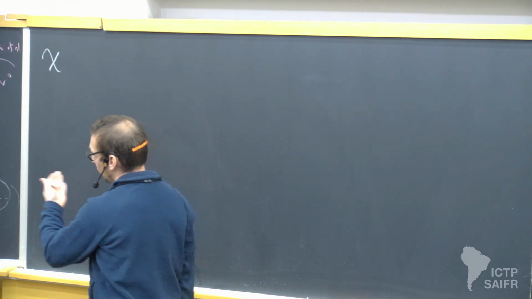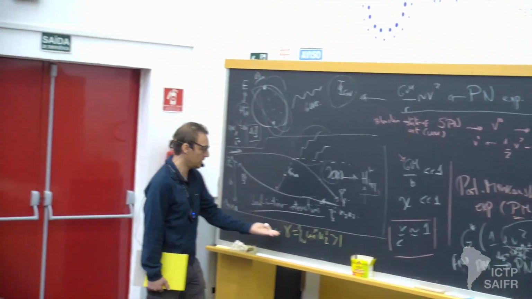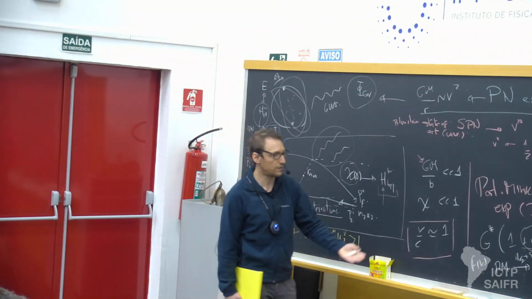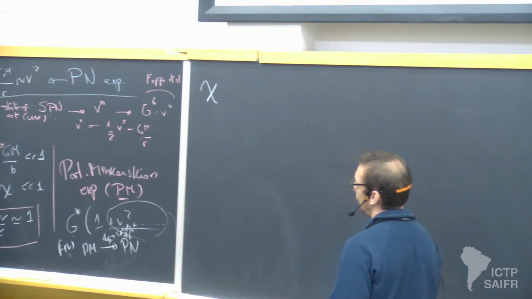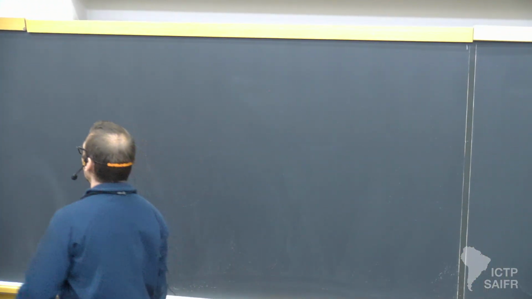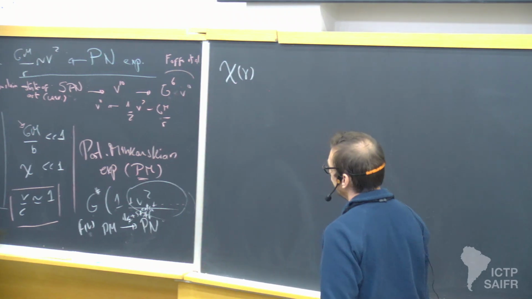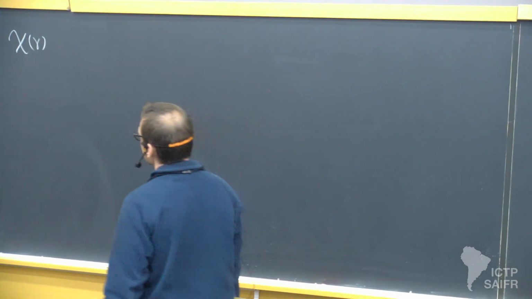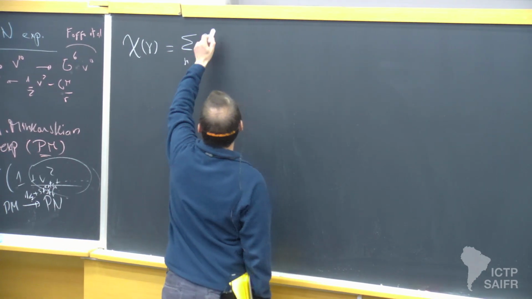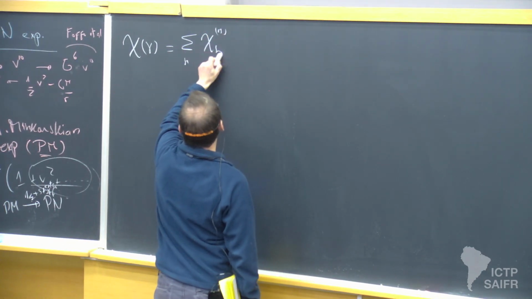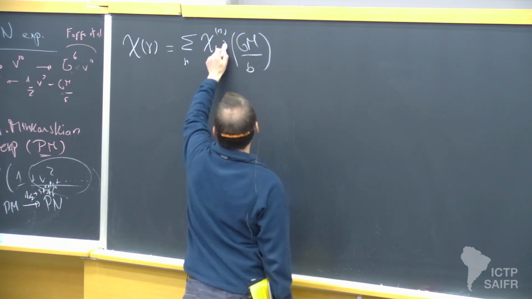And once we map the angle into observables, so once we get that angle from a Hamiltonian, you'll see that this function of gamma will give us precisely this resummation that we have here. It will be a function of gamma, and we're going to write it as a sum of some order in the PM expansion.